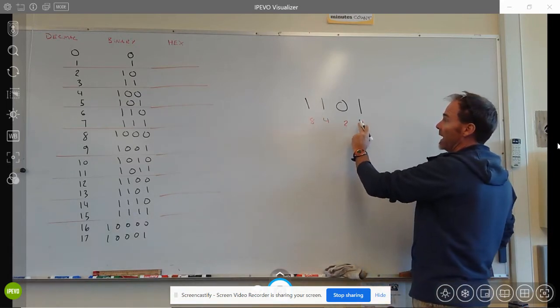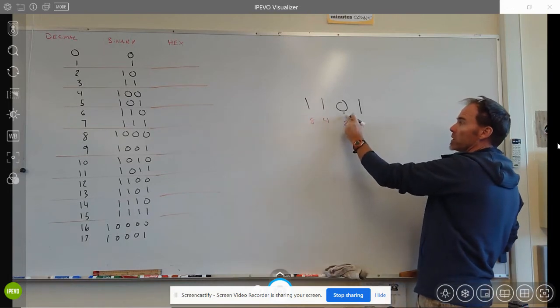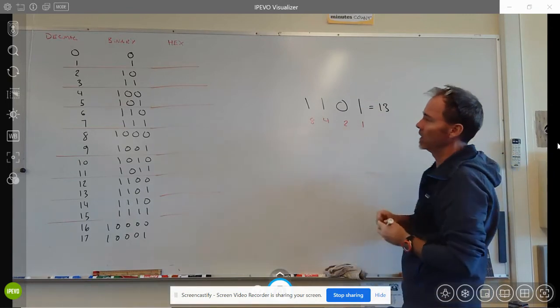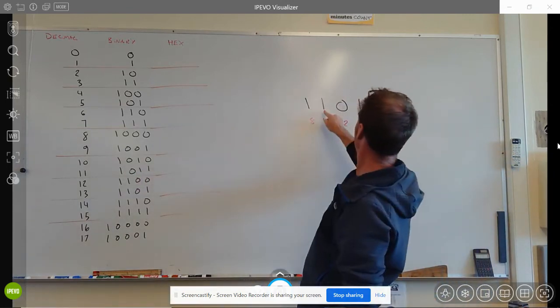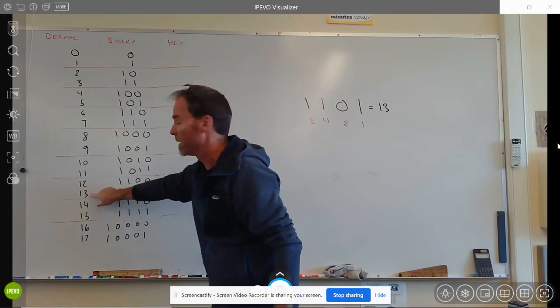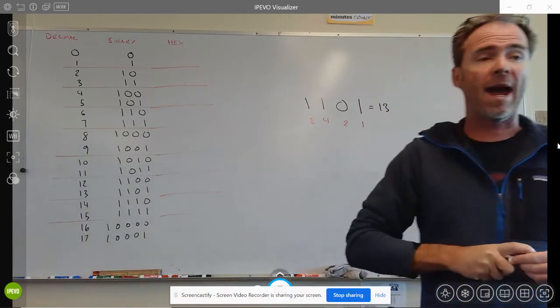On this one, I have 8 plus 4 is 12. I don't have a 2. Plus 1 is 13. So 1101 is 13. Pretty easy to convert back that way.